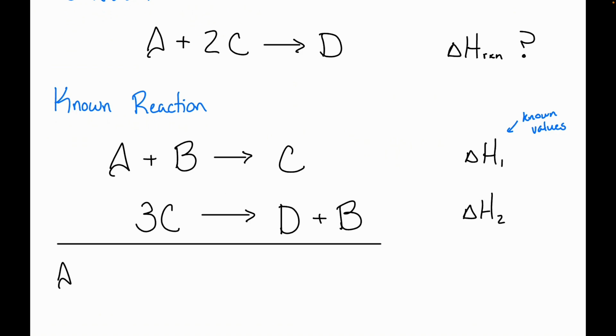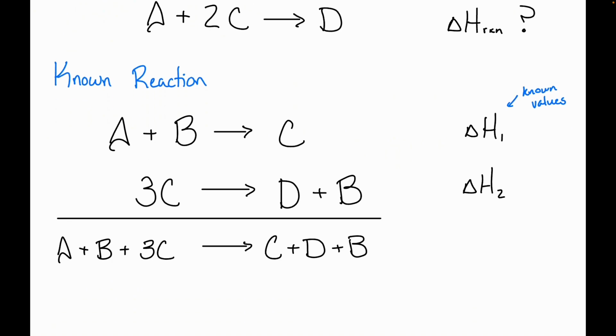Okay, so if we do A plus B plus 3C on my reactant side, gives me C, D, and B. And now we need to cross out everything that appears on both sides of this chemical equation. Well, we combine, but then we're going to cross out. There's nothing to combine. So we get rid of B and one of those C's.